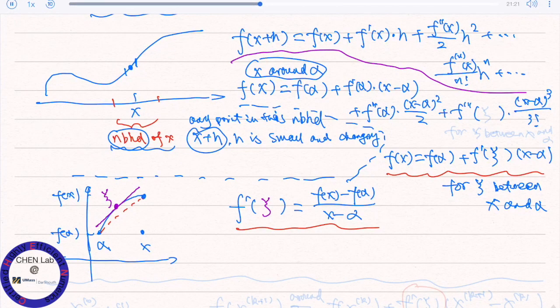For the other function, c might be a 0.7, 0.3 split, whatever. So it's c here as well, for c between x and alpha. All right, x and alpha. Okay. Is that clear?